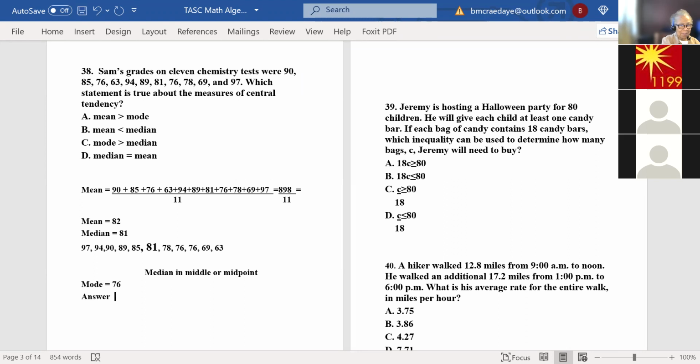So what's the answer? I can't say, Miss Barbara. Yes, you can. The mean is 82, the median is 81, the mode is 76.